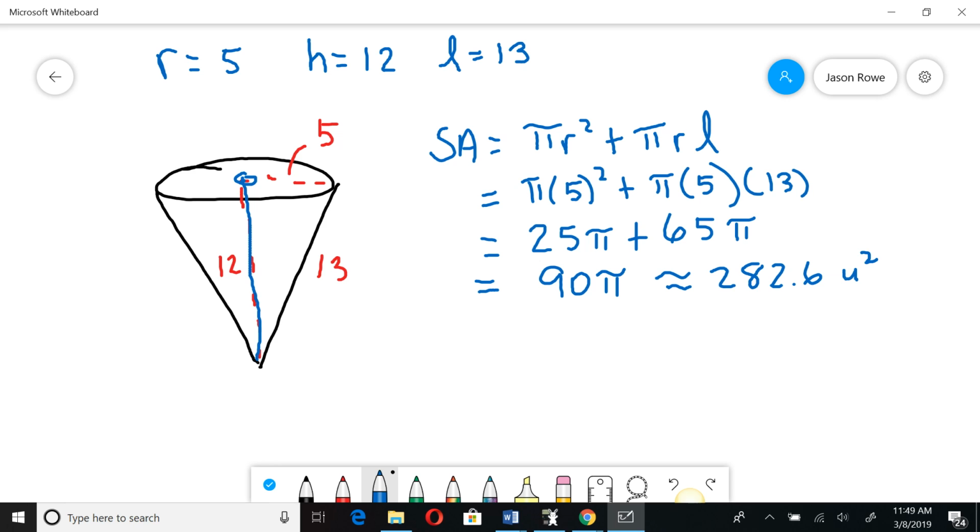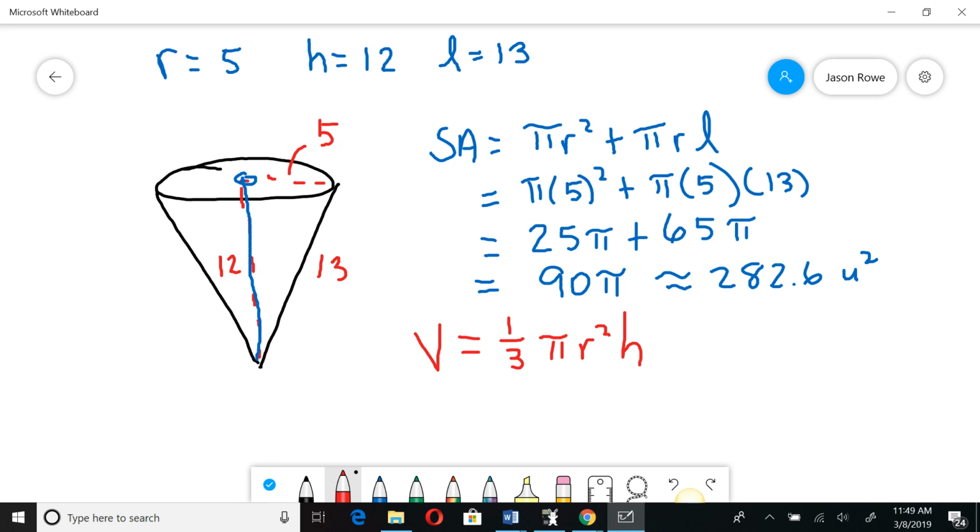All right, so now how do we find the volume? The volume for any cylinder or cone is 1/3 pi times the radius squared times the height. Now, if you think about it, and there are plenty of demonstrations online that you can watch.